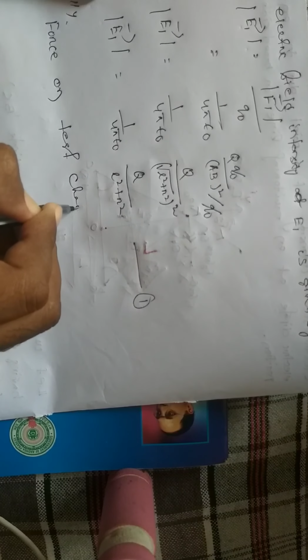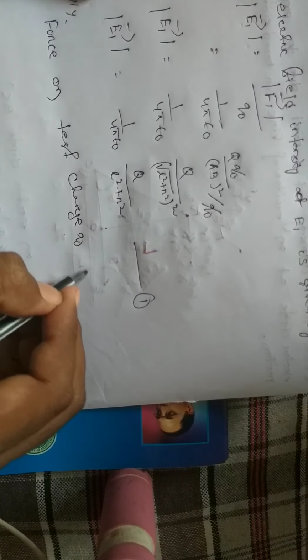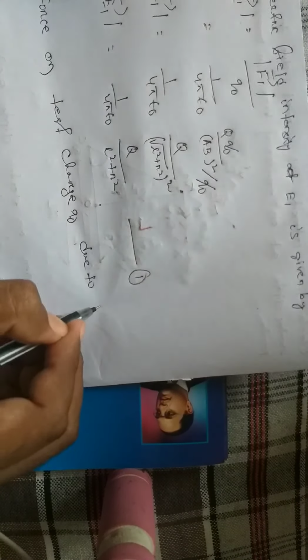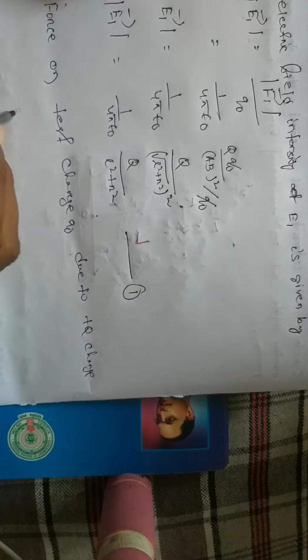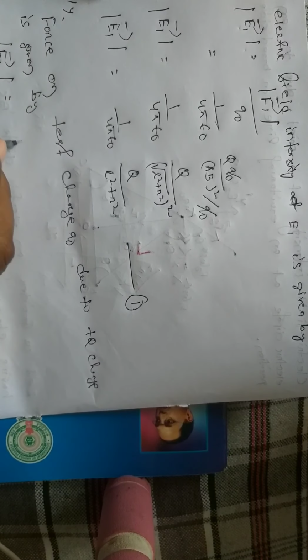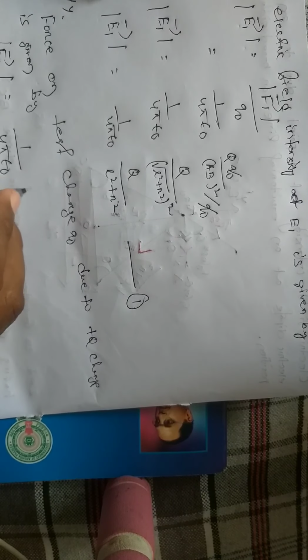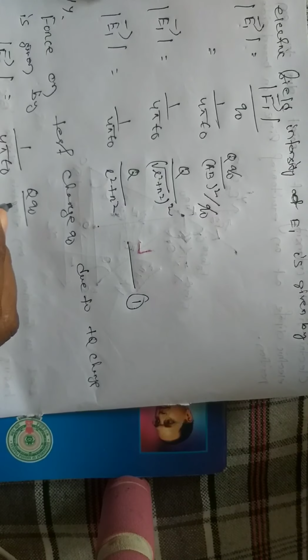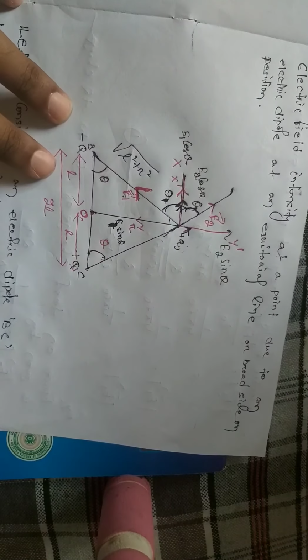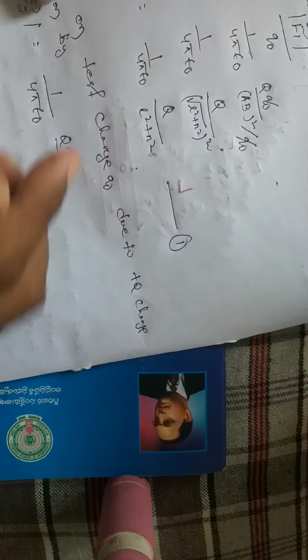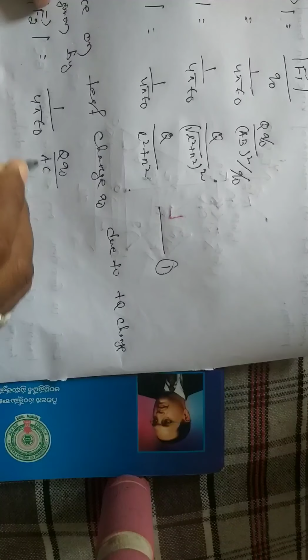Similarly, the force on test charge q naught due to plus q charge is given by, according to Coulomb's law, the magnitude of F2 equals 1 by 4 pi epsilon naught, q naught by r square. R square means AC square.